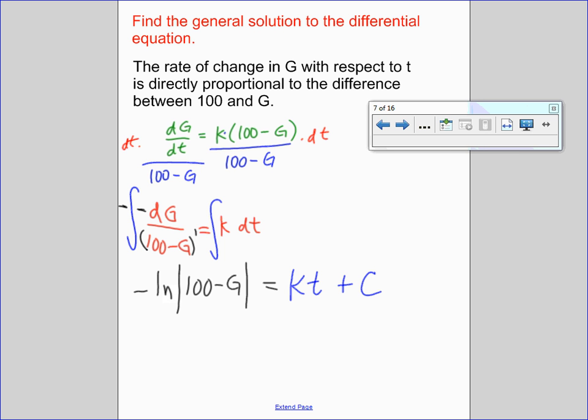So the first thing we'll do is divide everything by -1 to get the natural log alone. So I'll go ahead and divide everything by -1. And when we do that, notice how right here we would get negative kt minus c, right? However, this constant c is some constant c that we don't know, either positive or negative.